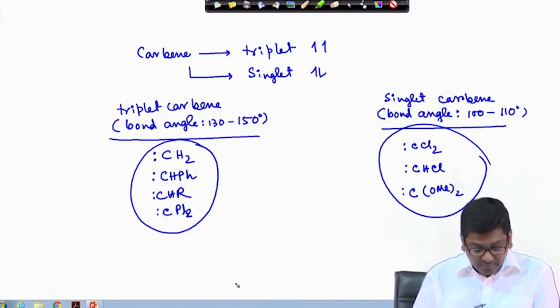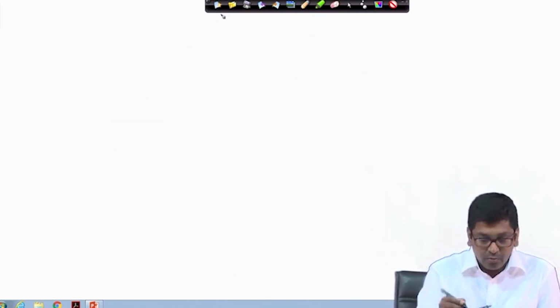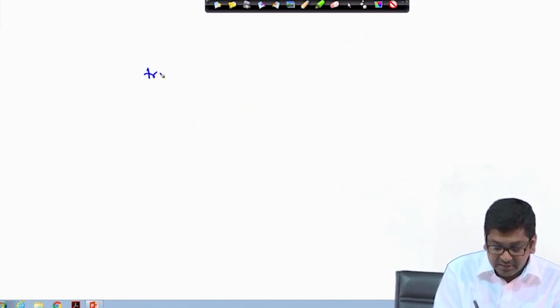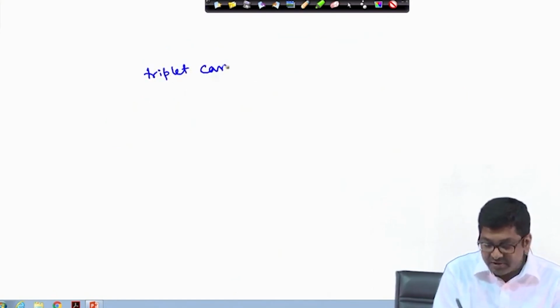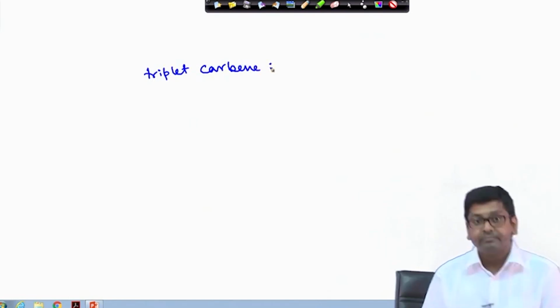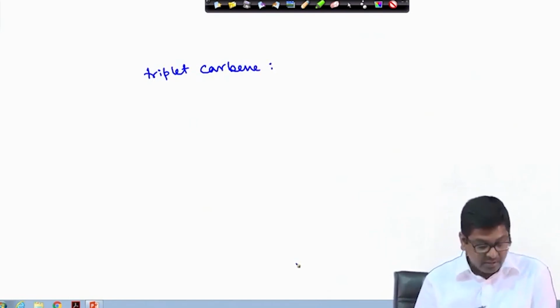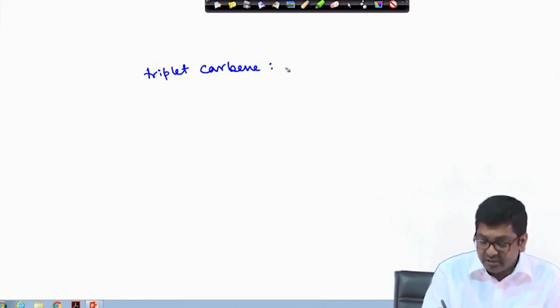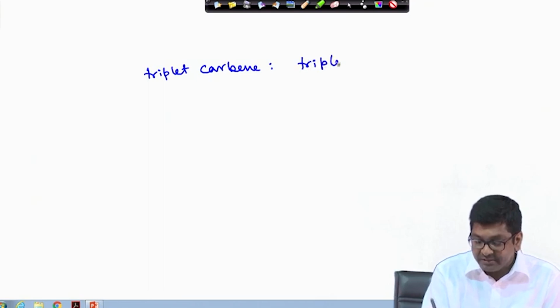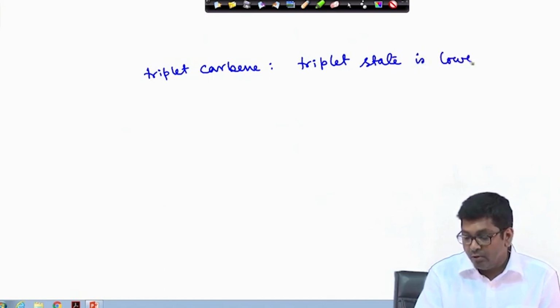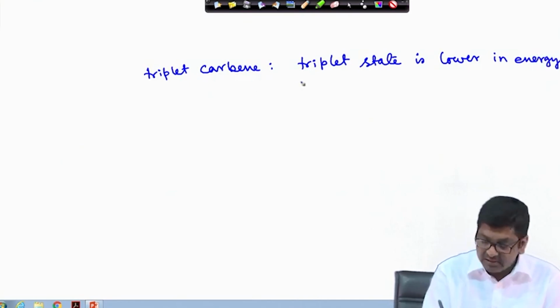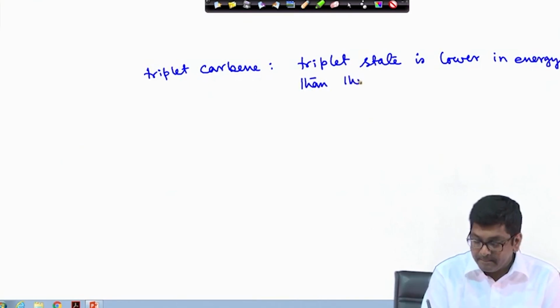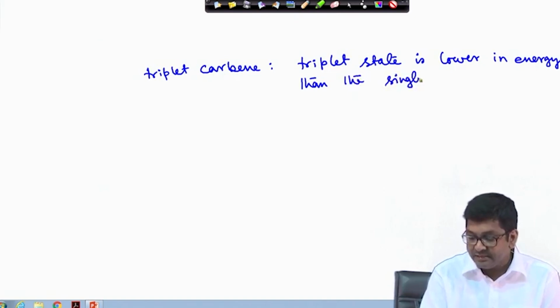Now, a triplet carbene means that the triplet state is lower in energy than the singlet state.